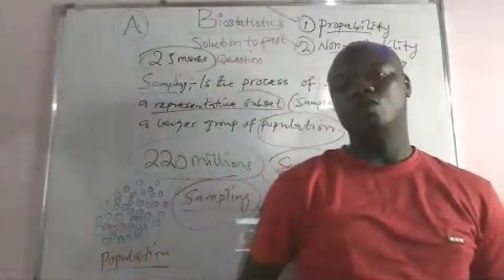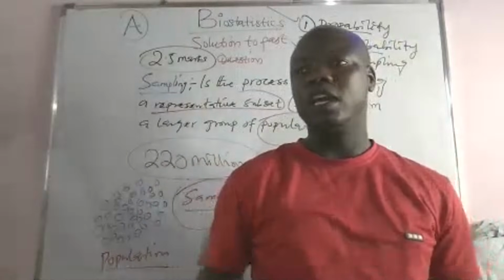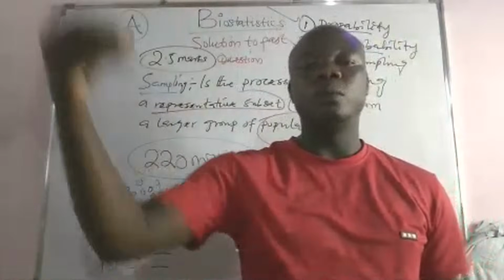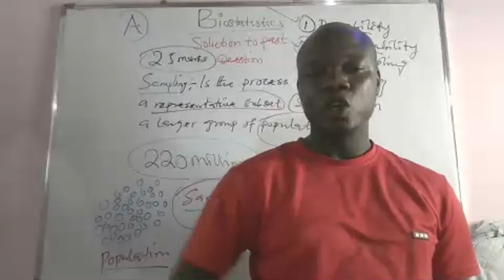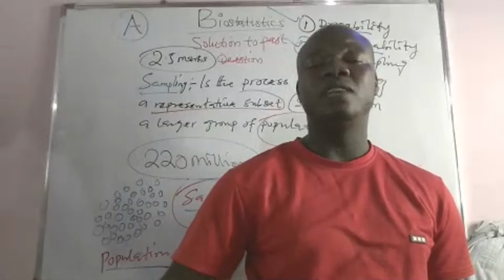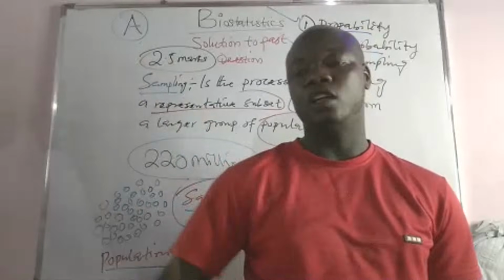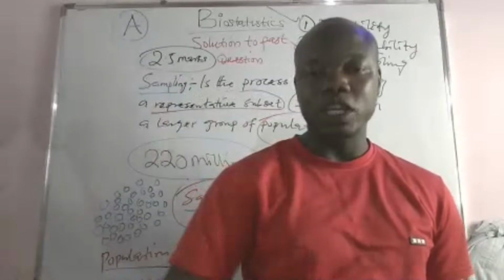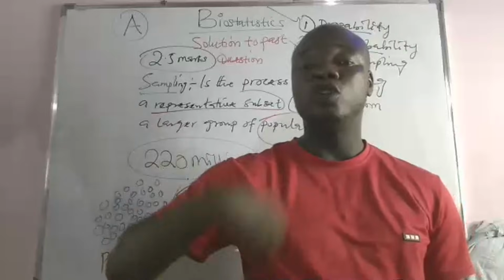Let's assume you want to test the performance of students in a class. When you come to the class, you will not start by saying, who is the most intelligent student? You want to test their intelligence, to check whether they are intelligent or not. If you start by saying you want to know who the intelligent students are and you want to select them, then you are doing non-probability sampling because you introduce bias.